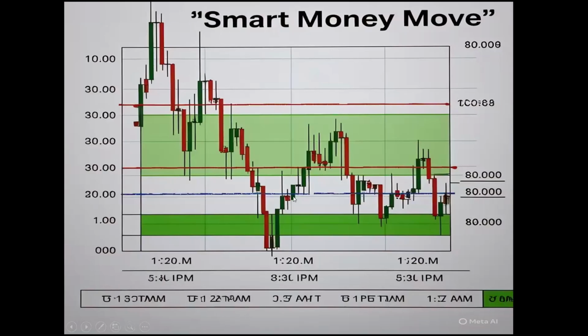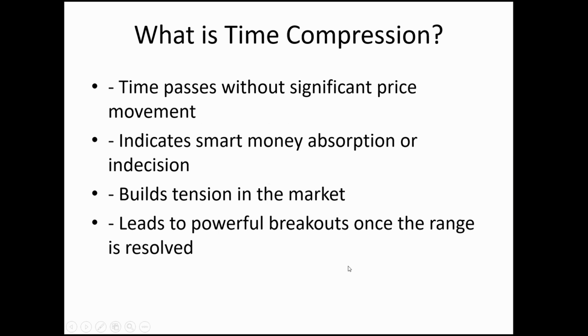First, understand this chart. You can see a very explosive move around 12 p.m. and then it started moving down. What is time compression? Time passes without significant price movement. You might have seen so many times you get disgusted. You want to enter the market but were not able to. Once you enter, you will be entering a choppy market where price moves sideways.